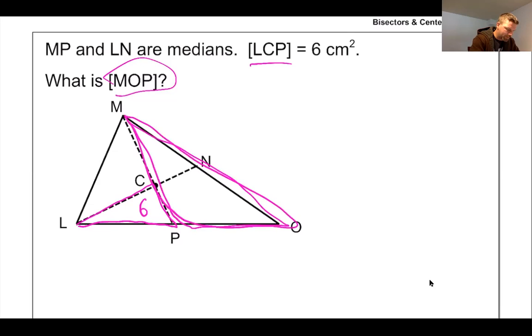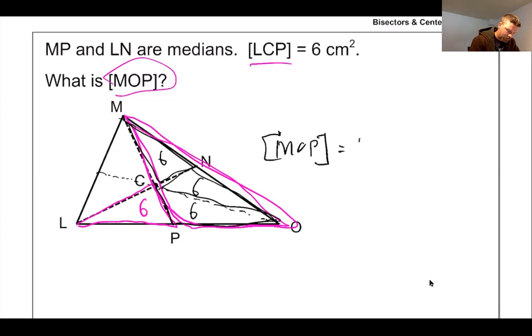All right, well, I know that the 3 medians would all cut the triangle into equal area triangles. So if I had all those medians in, I know this triangle here would have an area of 6, and this triangle here would have an area of 6, and this triangle here would have an area of 6, which means triangle MOP must have an area of 18 square centimeters.